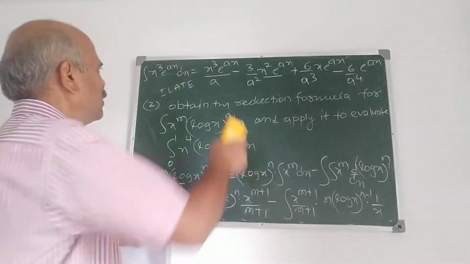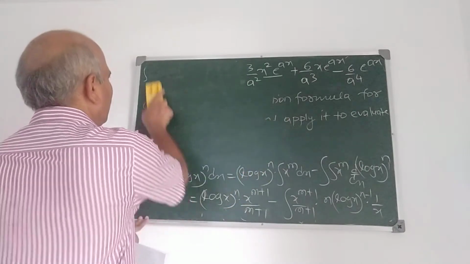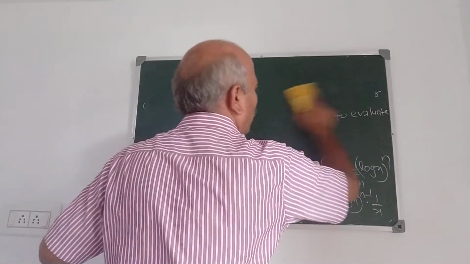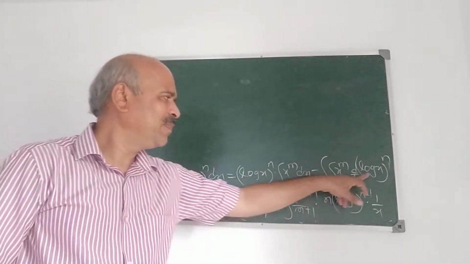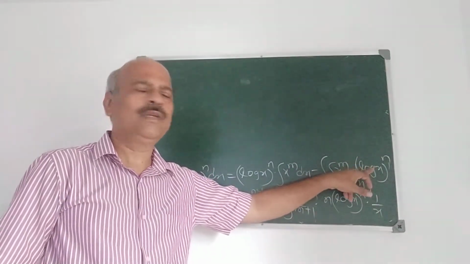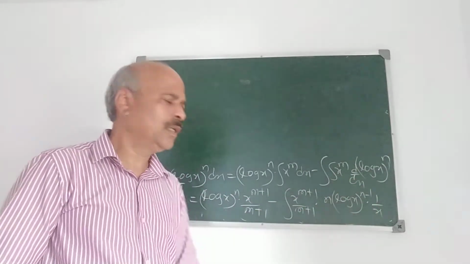You know the differentiation of log of x raised to n. What is log of x raised to n differentiation? n into log of x raised to n minus 1 into differentiation of log x.